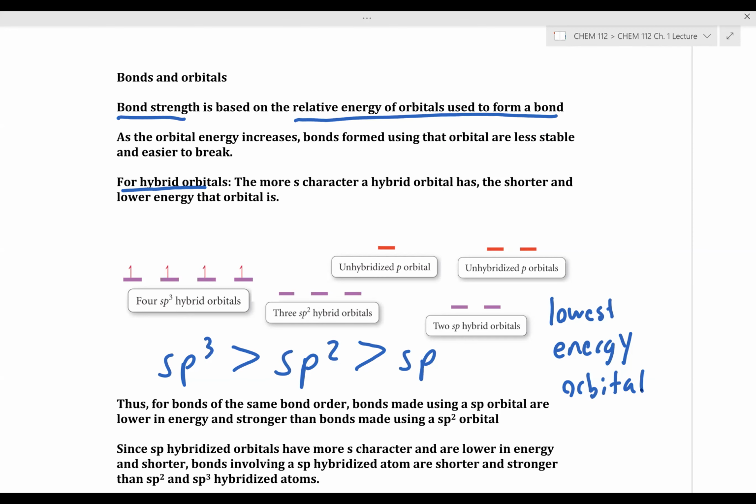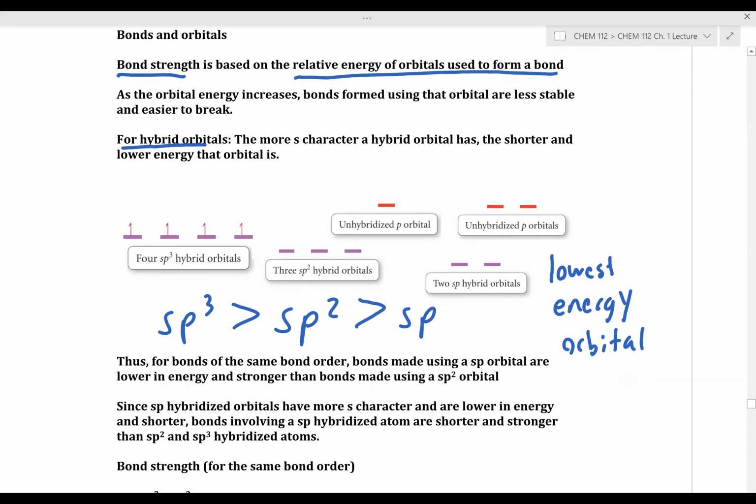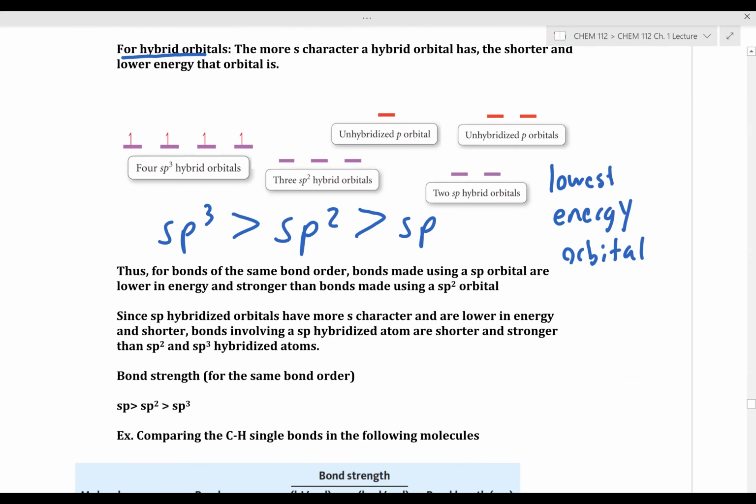Now, the consequence of this fact is that for bonds with the same bond order, bonds made using an sp orbital are lower in energy and stronger than bonds made using an sp2 or sp3 orbital. So your atom's hybridization affects the strength of bonds that atom forms.